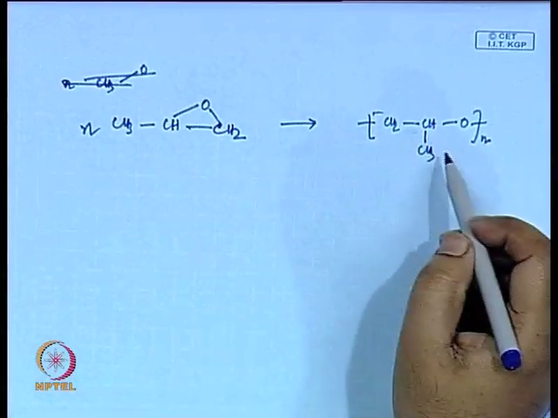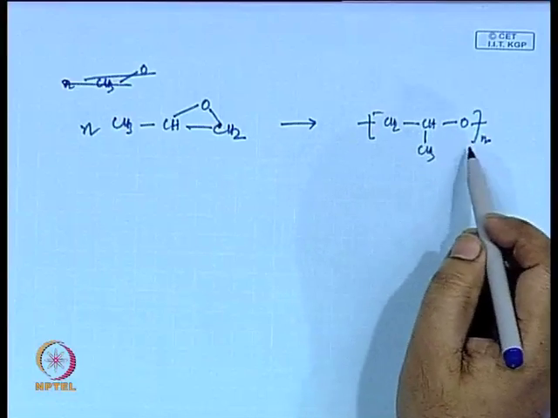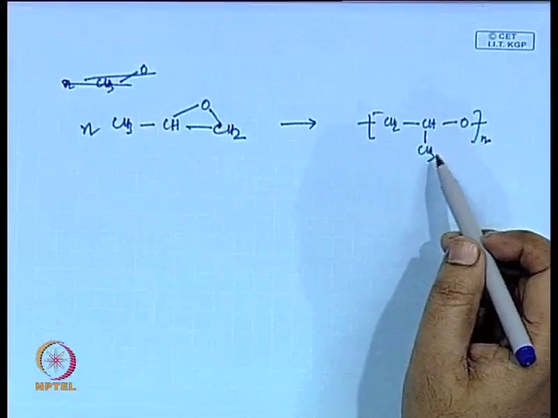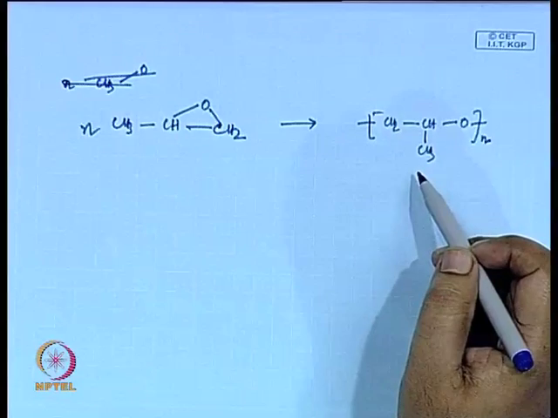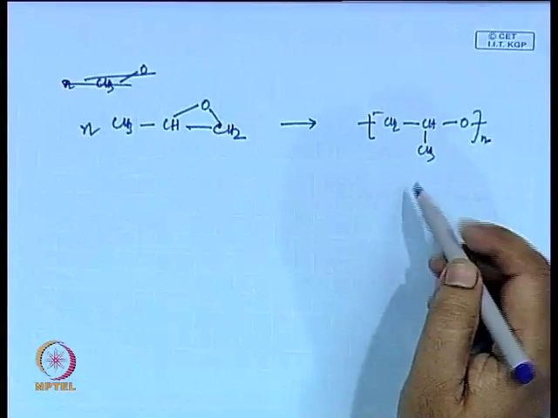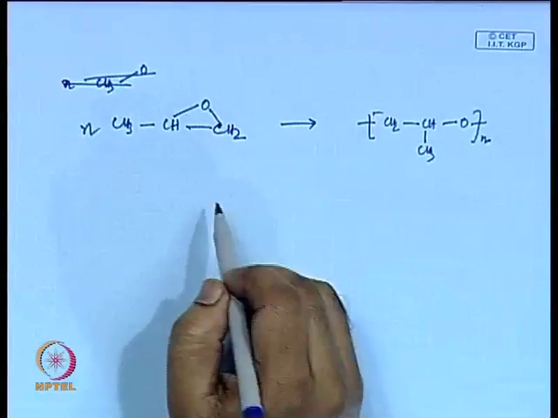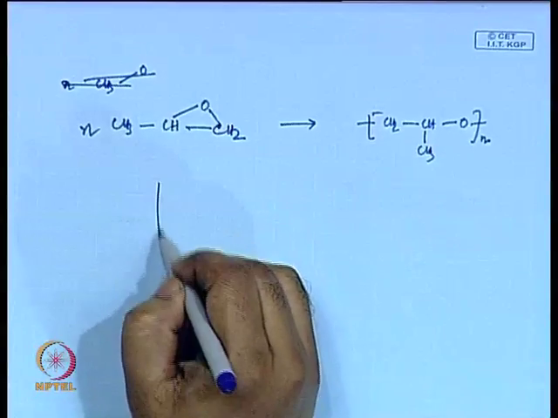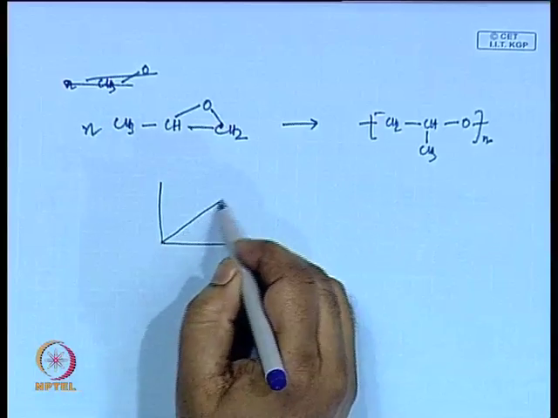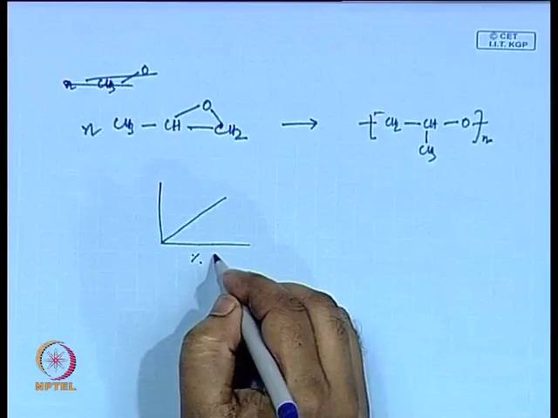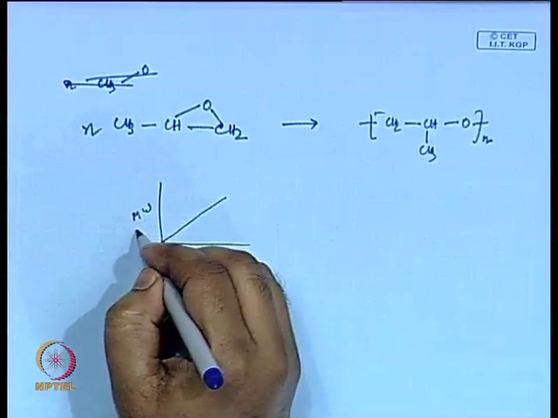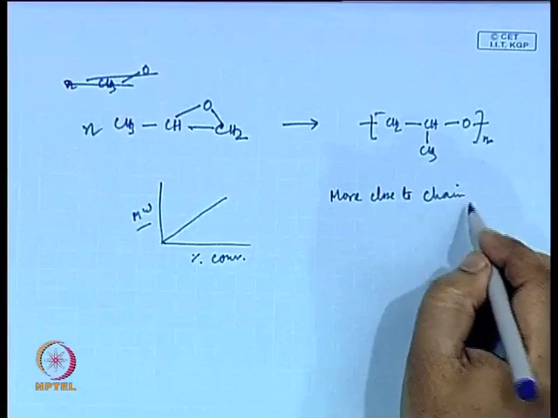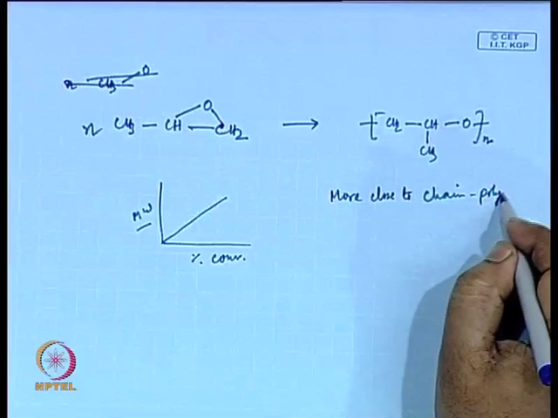By looking at the structure of this polymer molecule, because it has a heteroatom in the backbone, an ether group, it seems like it is a step growth polymer, but the mechanism of this polymer resembles more a chain polymer of the type I mentioned in the last page. So, more close to chain polymerization.